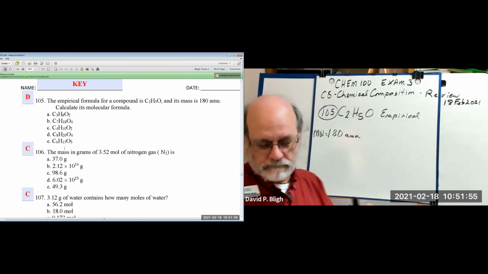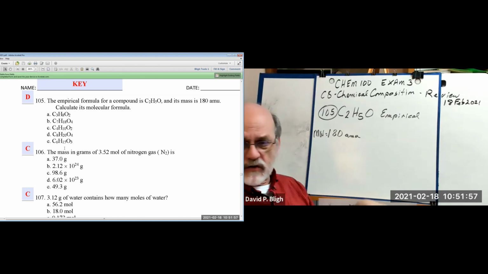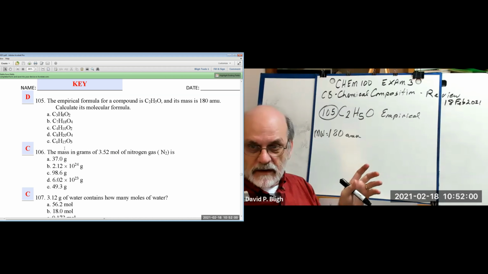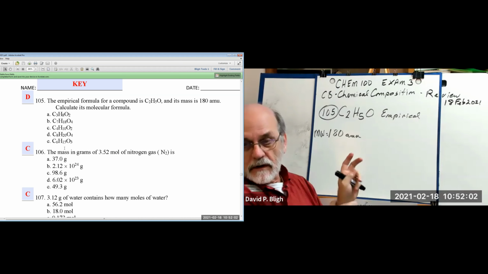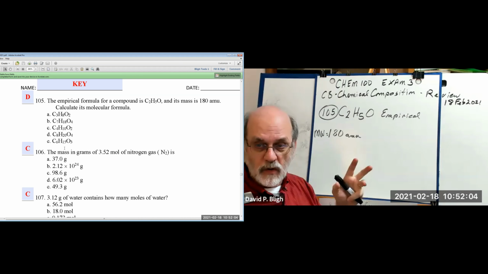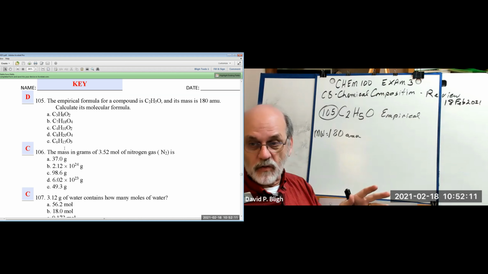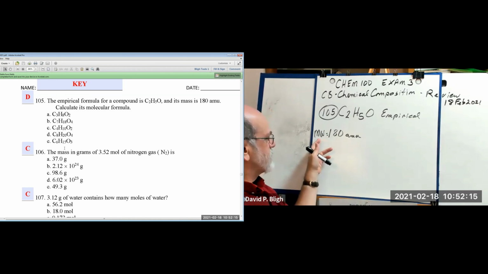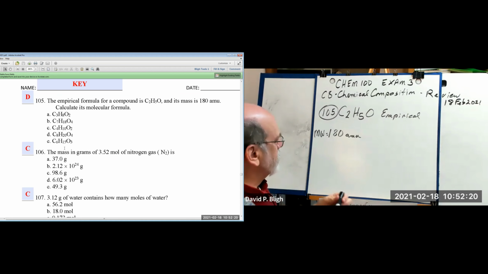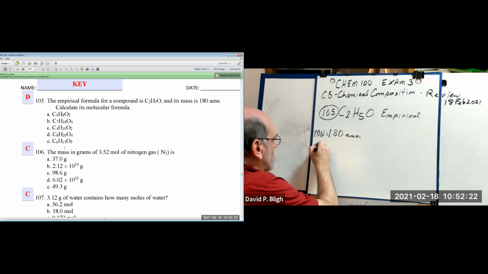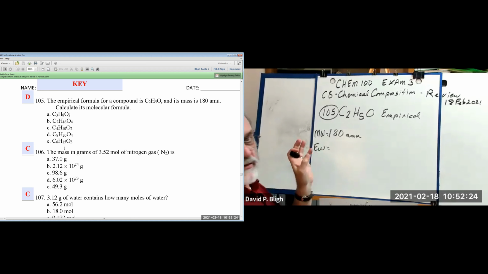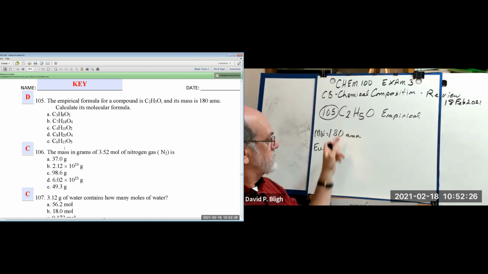Now remember, when you see values in the periodic table for mass, it can mean one of two things. It can either mean grams per mole, or it can be atomic mass units per atom. So the calculation is the same, it's just to recognize that this is the molecular weight, and calculating the empirical weight would be in terms of atomic mass units for carbon.